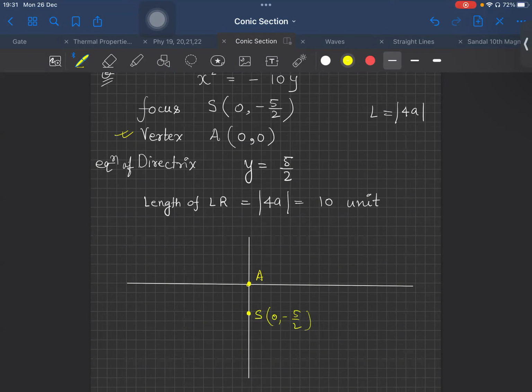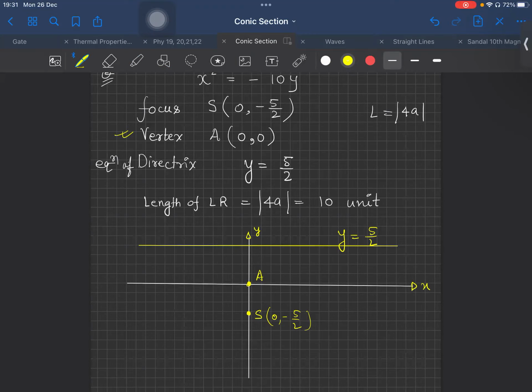We also know the equation of the directrix, that means the straight line. That will be here, right? So this line equation we know, y is equal to 5 by 2. So these many pieces of information are already available to us. Also the length of the latus rectum is of course 10 units.